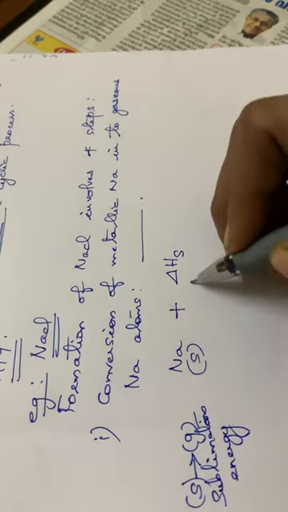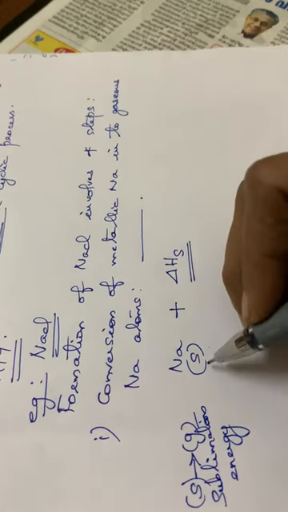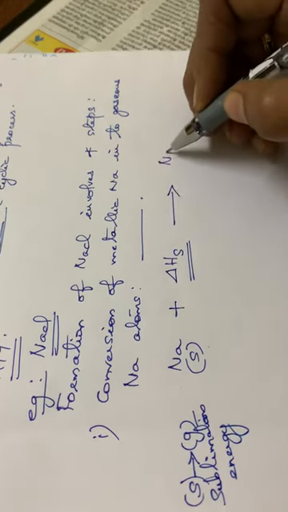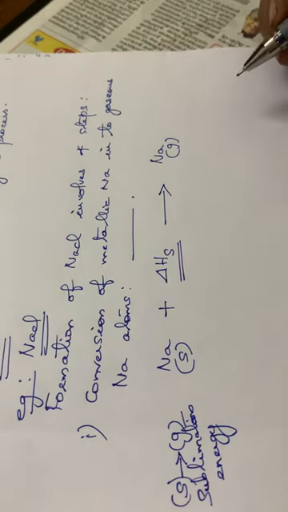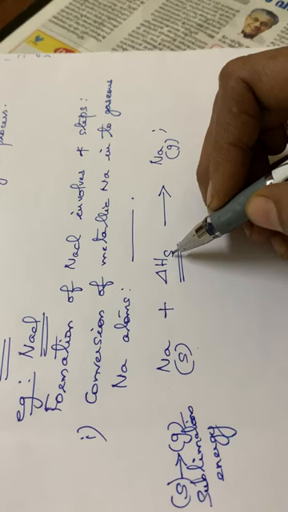So here, this delta Hs refers to the sublimation energy. The solid sodium is converted to gaseous sodium atom. That is the first step. This is the enthalpy of sublimation, delta Hs.